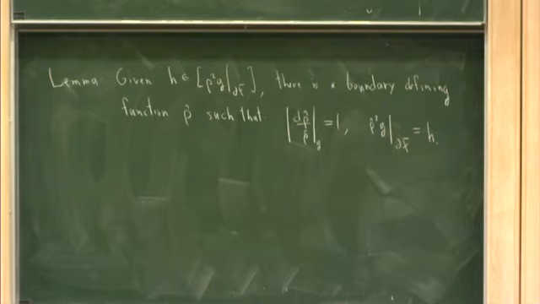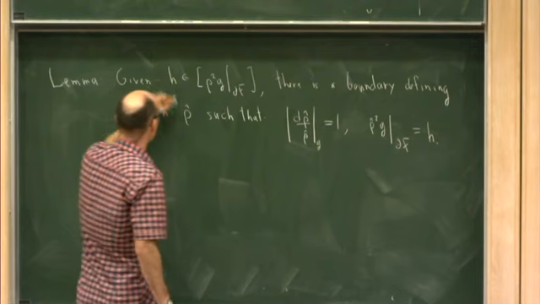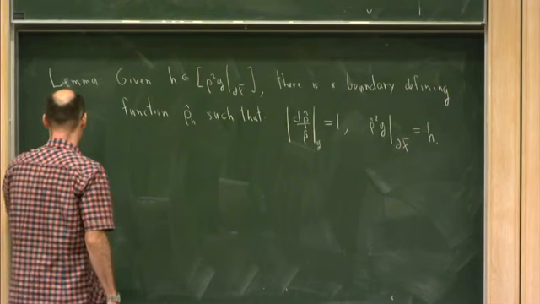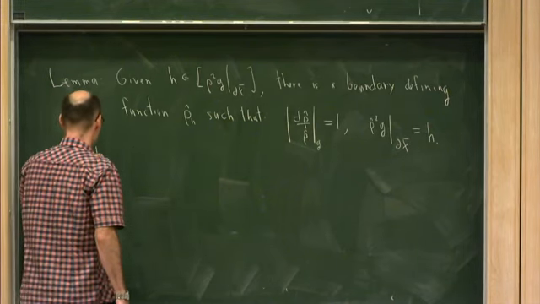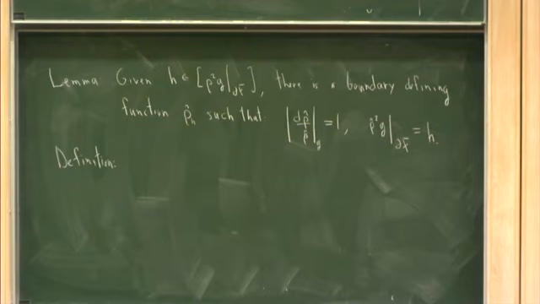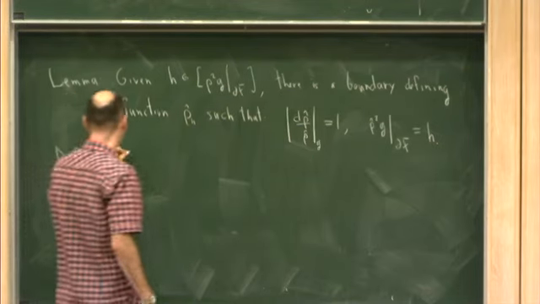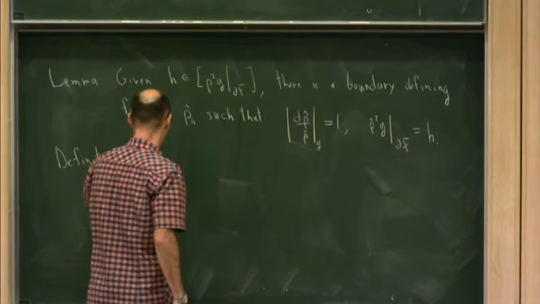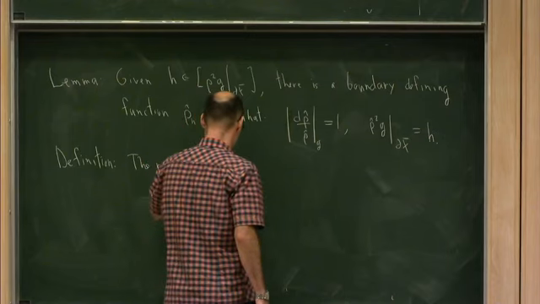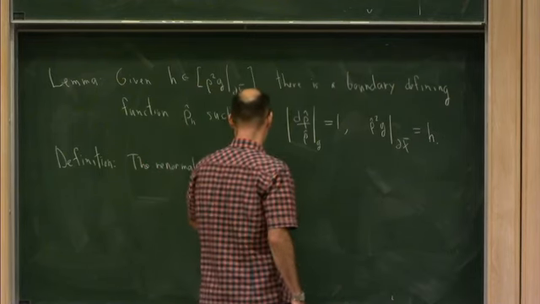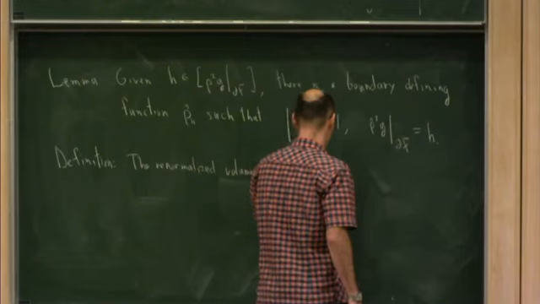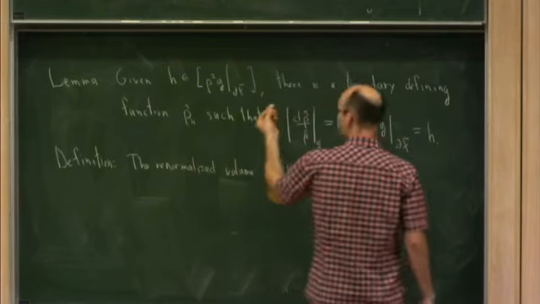So with this choice of boundary defining function, so the rho depends on h, I can give the definition of the renormalized volume. So for the moment, there's no cusp of rank 1. So the renormalized volume is a function.